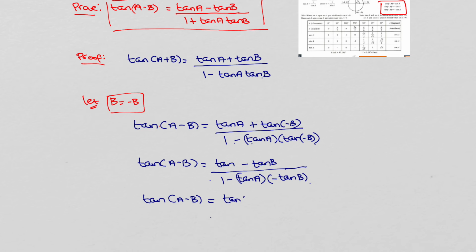And then lo and behold, we end up with tan A minus tan B over 1 plus tan A tan B. So to change the sign, we replace B with minus B.